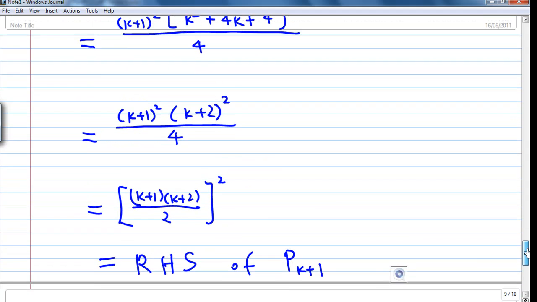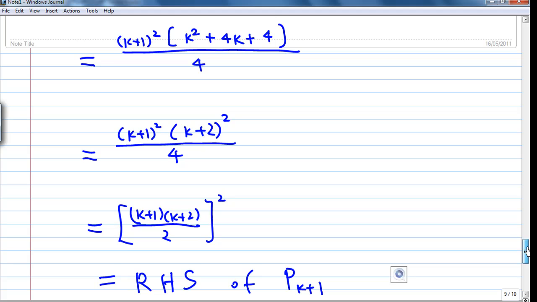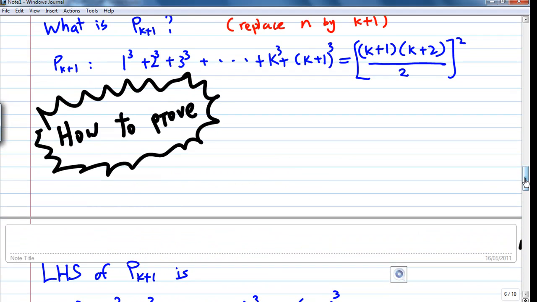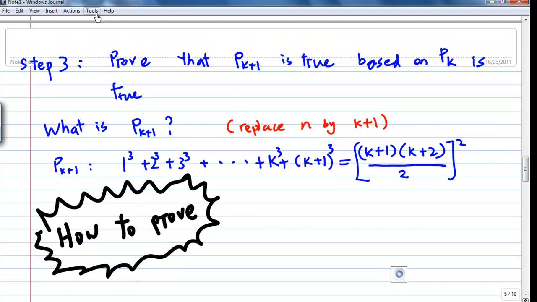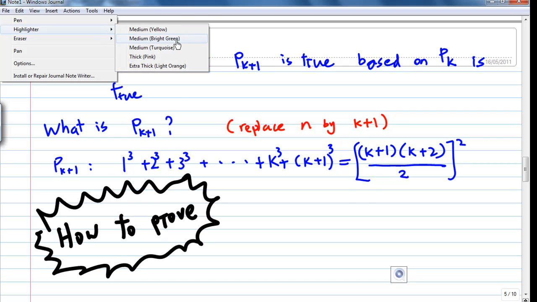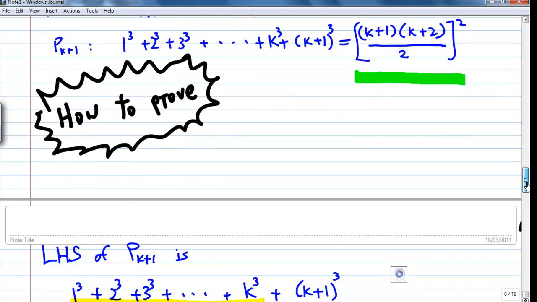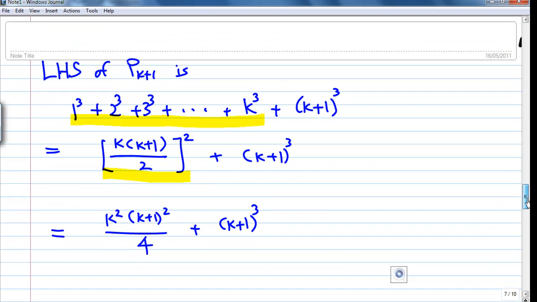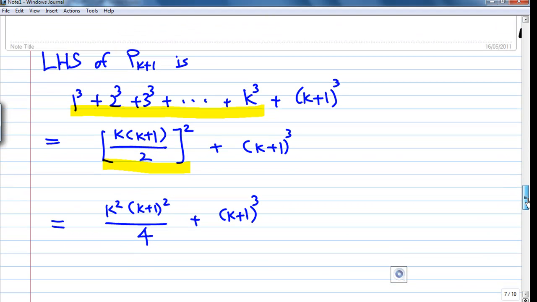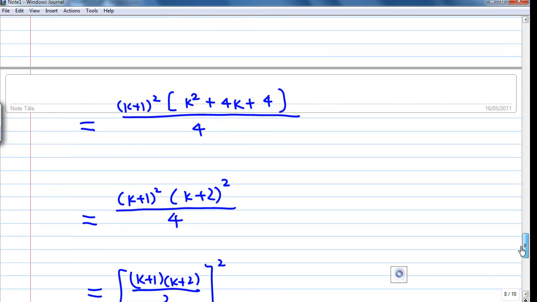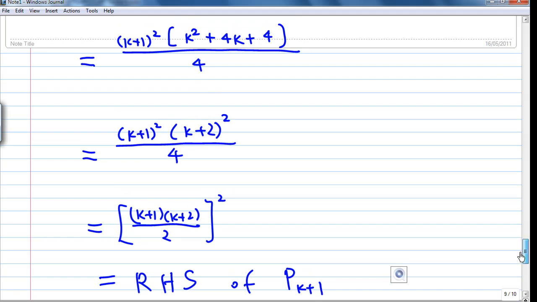And you have this, the right-hand side of Pk plus 1, because the right-hand side of Pk plus 1 is exactly this. Let's go back and check. The right-hand side of Pk plus 1 is this term, k plus 1 times k plus 2 divided by 2, squared, right? So we started from the left-hand side of Pk plus 1 and all the way until we reached here, we get the right-hand side of Pk plus 1.